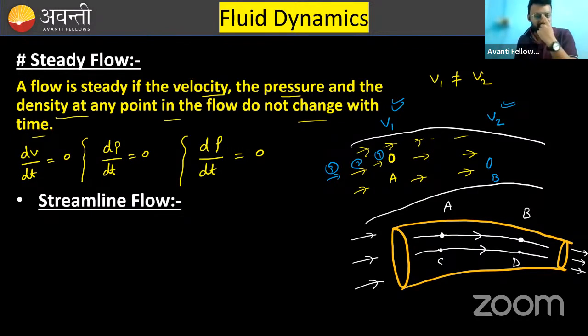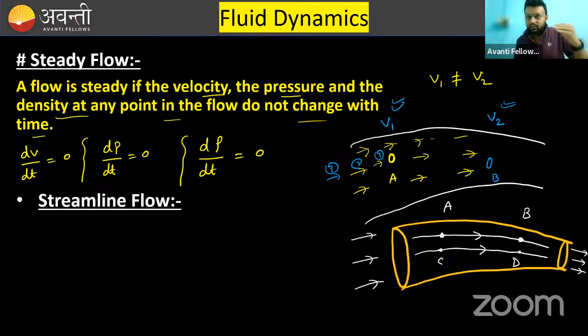I think you don't know Hindi, so there should be a similar phrase in English as well that I don't know. There is no issue with that. I think you are getting my point. If a particle is following the path AB, then all other particles behind it will start following the path AB. If another particle follows the path CD, then all the particles behind it also follow the path CD.